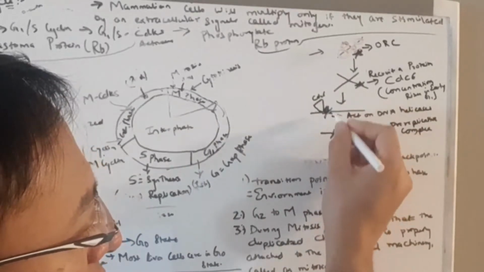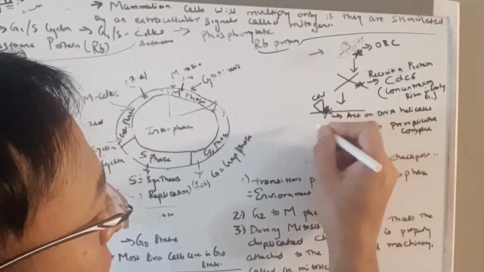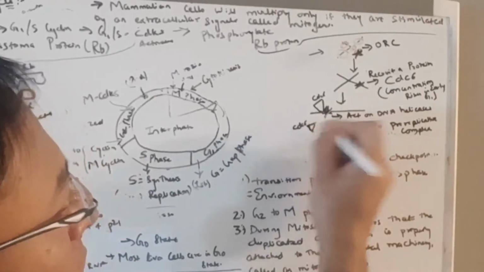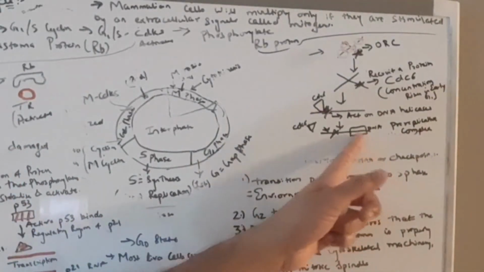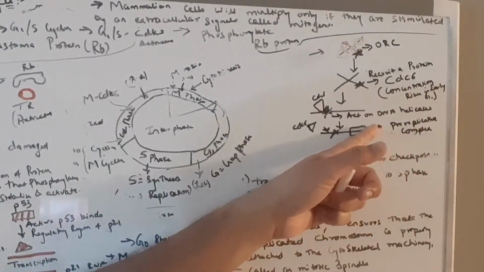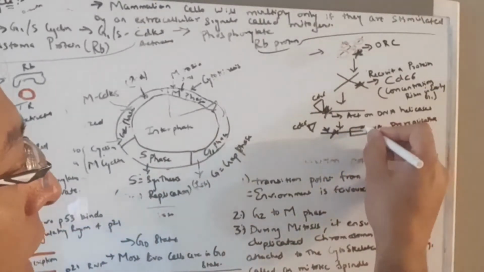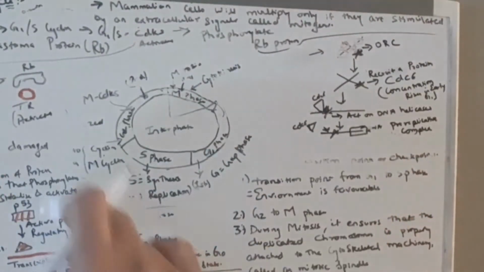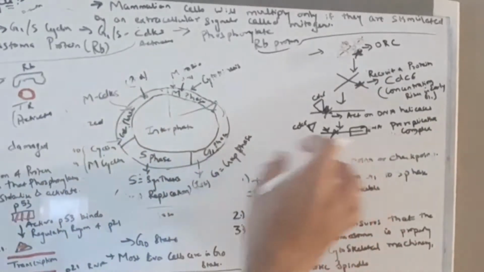And what will happen? After doing this, the CDC6 will be separated from the ORC. All right, and this will be ready for our replication origin, and it's ready to fire. So the signal to commence the replication comes from SCDK.